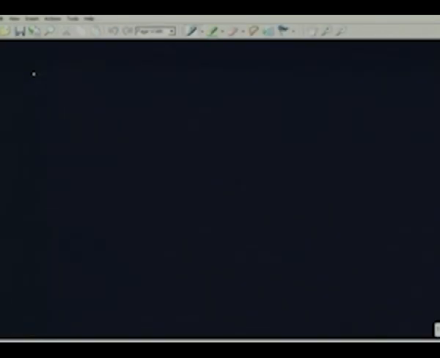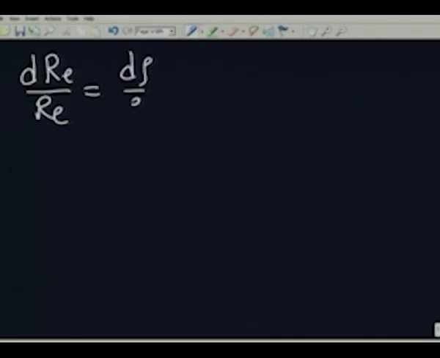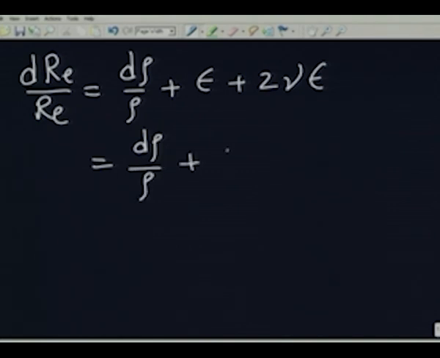So, all I have to do is to introduce these two into that equation, and you will see that dRe by Re is d rho by rho plus dL by L is epsilon plus 2 nu epsilon, or I can write as d rho by rho plus epsilon into 1 plus 2 nu.